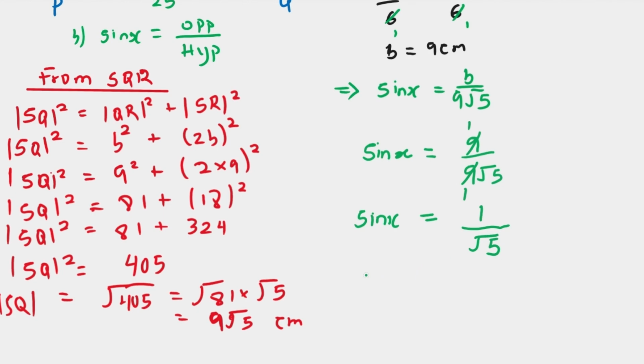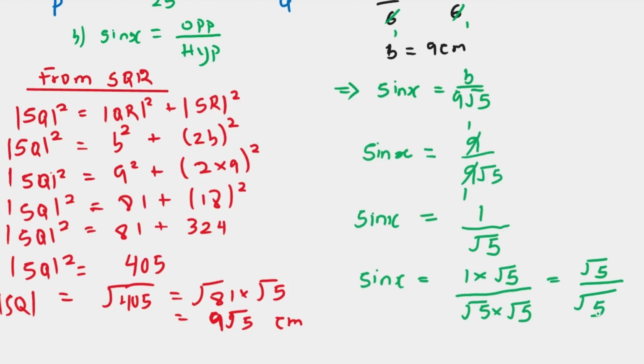So it's going to be sine x equal to 1 times the root of 5 over the root of 5 times the root of 5, which we can simplify. 1 times the root of 5 is the root of 5. The root of 5 times the root of 5 is going to give us the root of 5 squared.